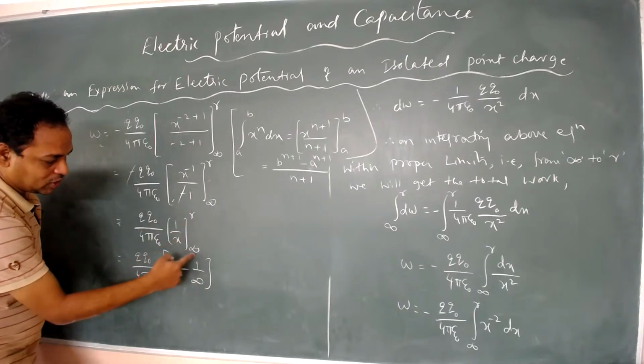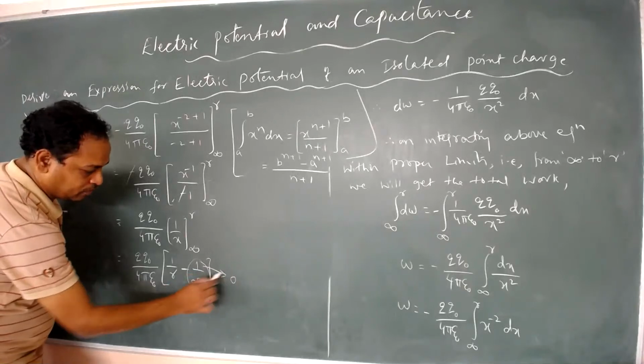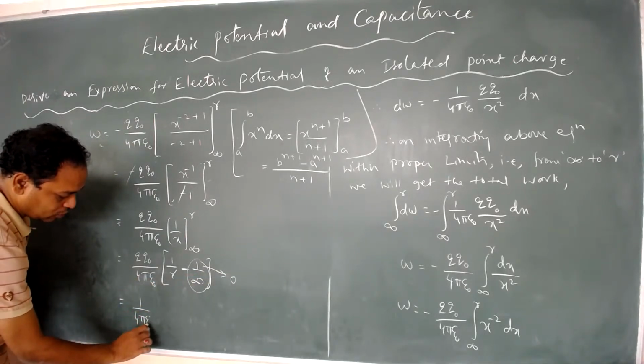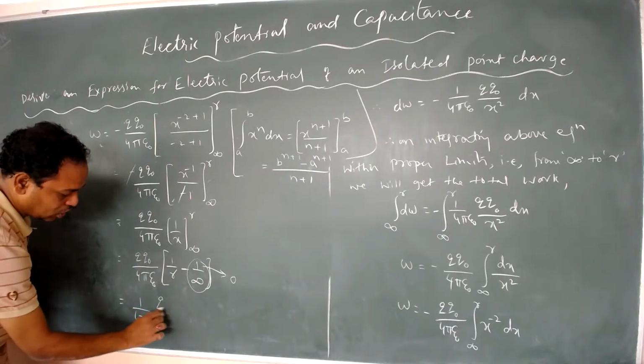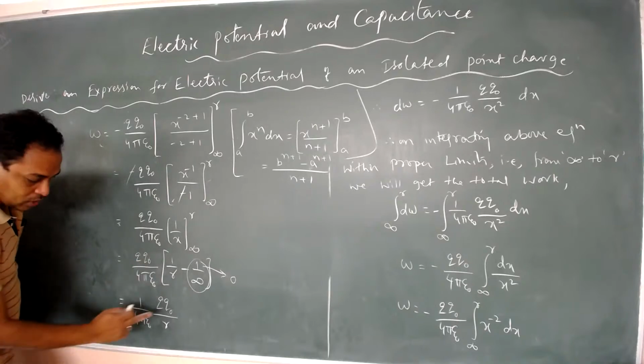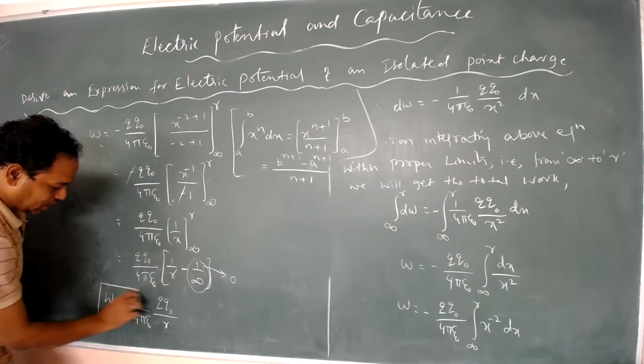Upper limit minus lower limit. As we know, 1 by infinity is 0. Therefore what is left here is 1 by 4 pi epsilon naught into q naught by r. So this is the work done.